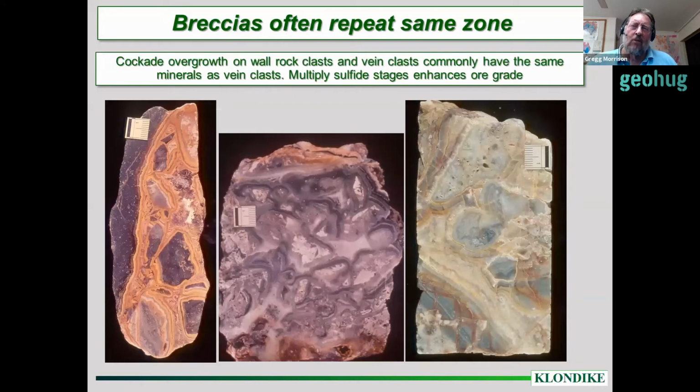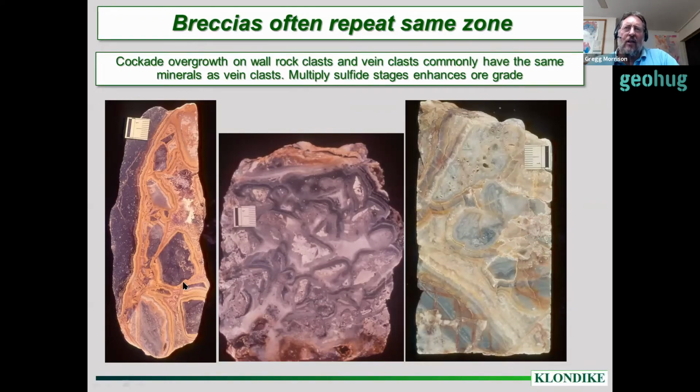Breccias in epithermals are mainly hydrothermal when they're in the ore zone. That is, there's repeated brecciation by the same fluids that are forming the mineralization in the first place.